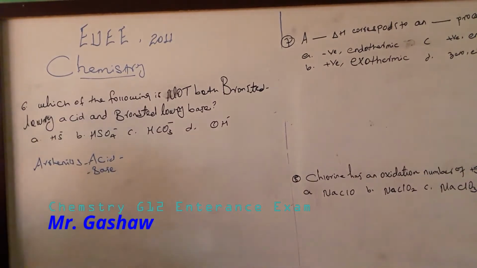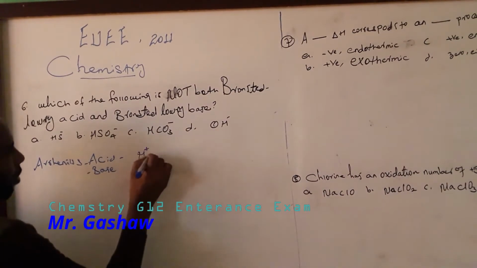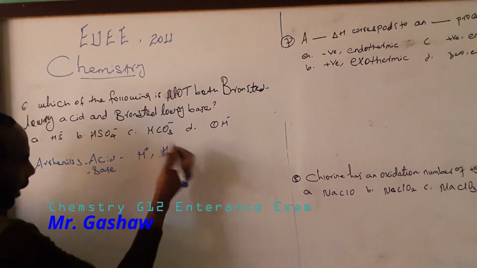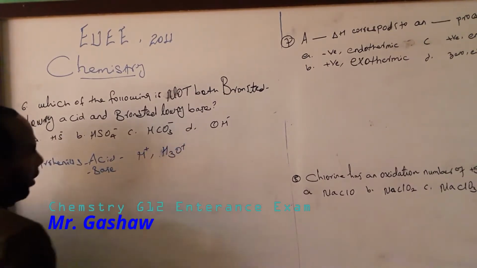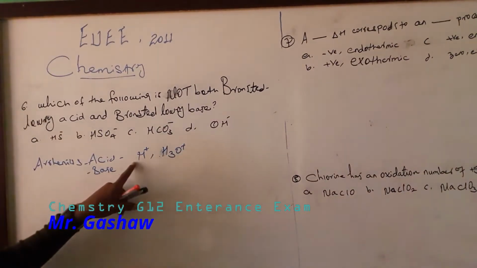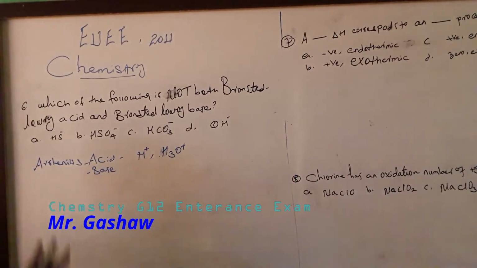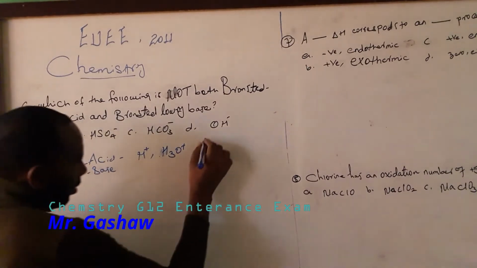Arrhenius acids are substances that release hydrogen ions or hydronium ions in a reaction. That means when the substance is dissolved in water and releases hydrogen ions or hydronium ions, that one is an acid.